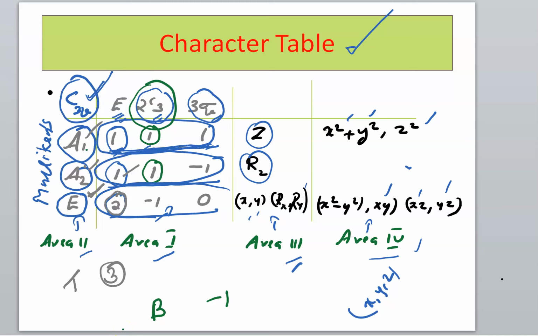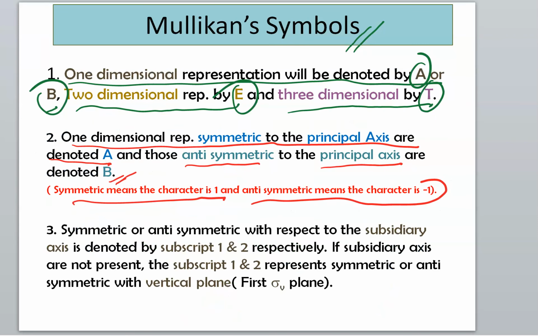If the IR is symmetric to the principal axis, the letter is A; anti-symmetric to the principal axis, the letter is B. Here it is symmetric, therefore A. Here also symmetric, A. If it is -1, it will be B. That is the second point. And the third point: symmetric or anti-symmetric with respect to the subsidiary axis, that is the C2 axis.